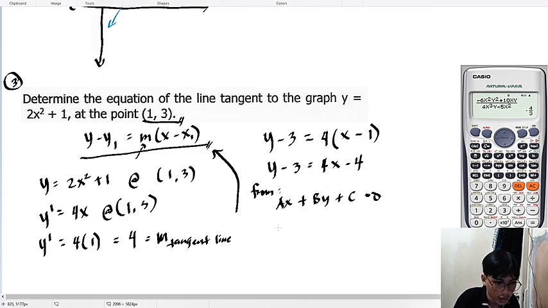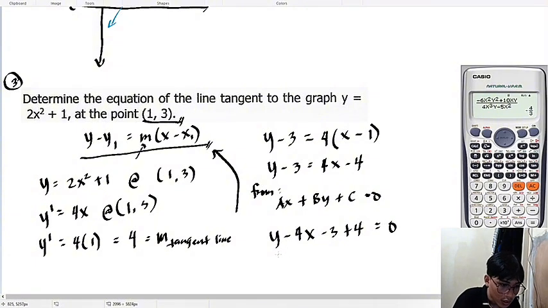So we have here y minus 4x minus 3 plus 4. Kato ng negative 4 ibalhin man nato sa left side. So we have here equals to 0.